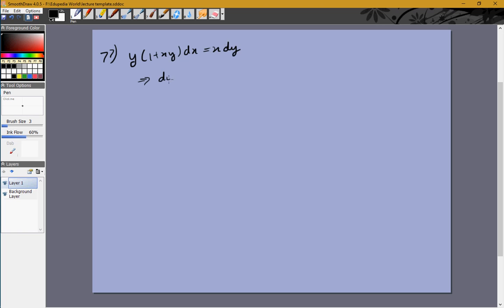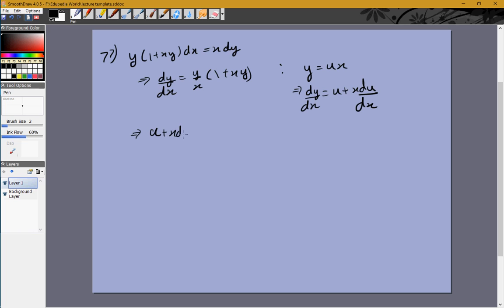This can be written as dy by dx is equal to y by x times (1 plus xy). And we can solve these equations by substituting y is equal to ux, which gives me dy by dx is equal to u plus x du by dx. So what we get is u plus x du by dx is equal to u, which is y by x, times (1 plus xy).